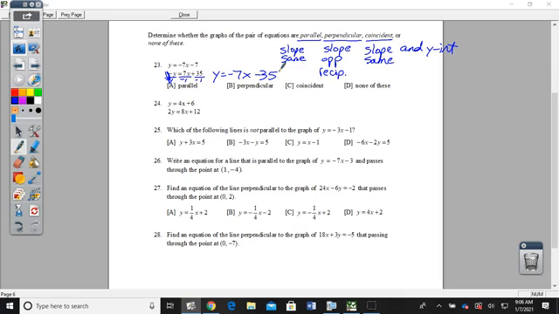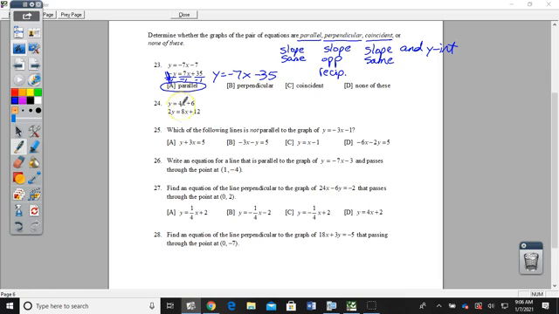Do they have the same y-intercept? No. So they are parallel. How about 24? Since the slopes are the same, they're parallel, yes. What is the slope? The slope is that number in front of x after you solve it for y. So they're both negative 7. Correct.